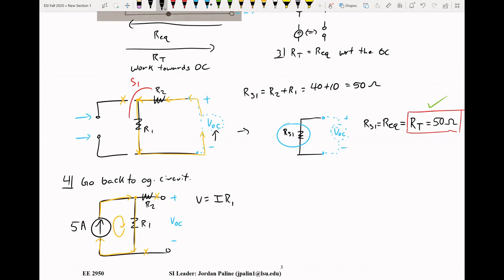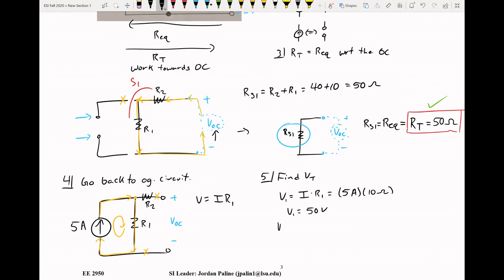So step 5, find V Thev. V is equal to I times R1, where the current running through it is 5 amps and the resistance R1 is 10 ohms. So V1 is equal to 50 volts.